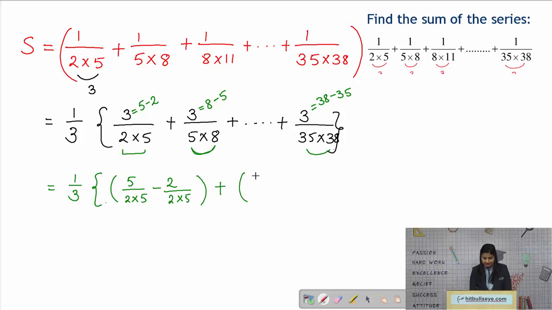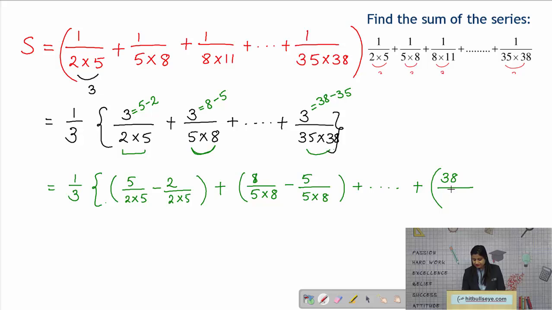Similarly, the next term will be 8 upon 5 into 8 minus 5 upon 5 into 8. The last term will become 38 upon 35 into 38 minus 35 upon 35 into 38. Now see the magic.